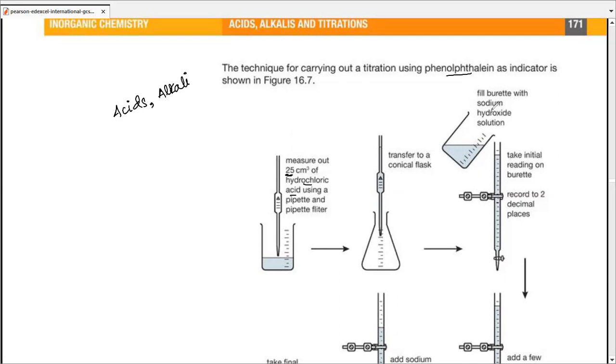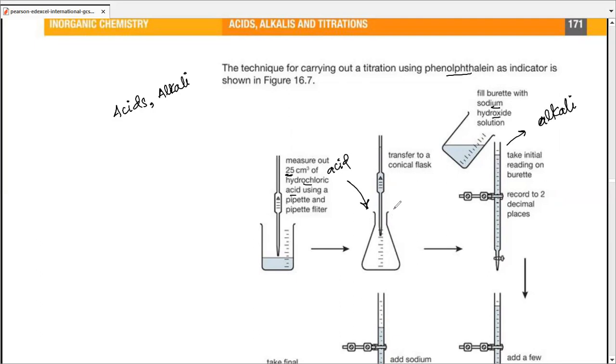We fill the burette with the other solution. By other, I mean if we are using acid in the flask, the burette must be filled with alkali or vice versa. So if the alkali is in the flask, the acid must be in the burette. How are you going to know which one you're going to fill in which part?